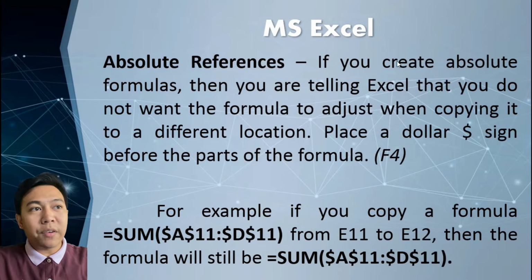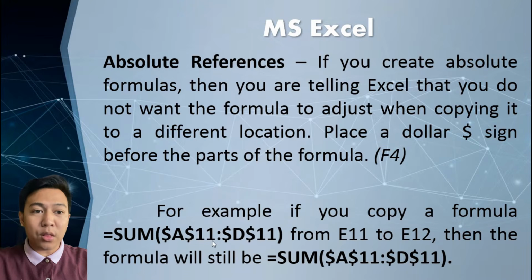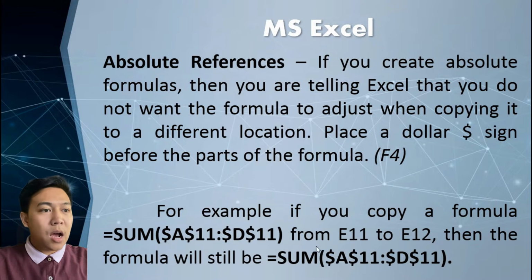Okay? Absolute reference. If you create an absolute formula, then you are telling Excel that you do not want the formula to adjust when copying it to a different location. Place a dollar sign before the parts of the formula using the F4 function to get the dollar sign in your cell. An example, if you copy a formula from, say, cell sum of E11 to D11 using the absolute reference from E11 to E12, then the formula will still be sum of E11 to D11.